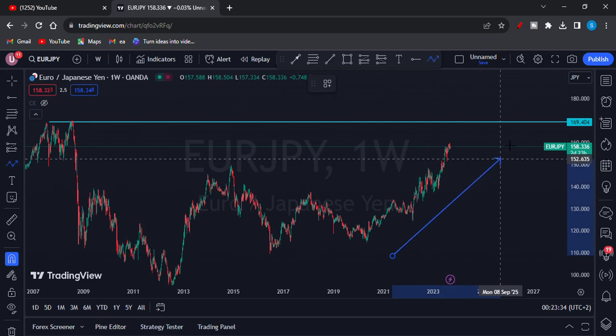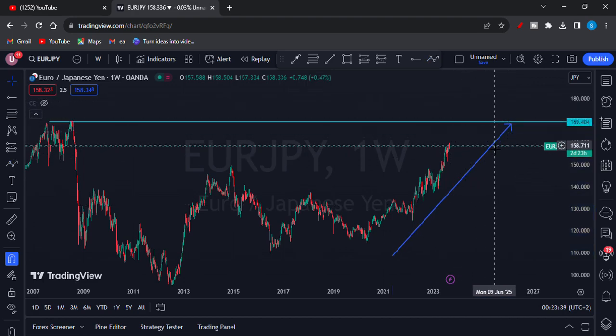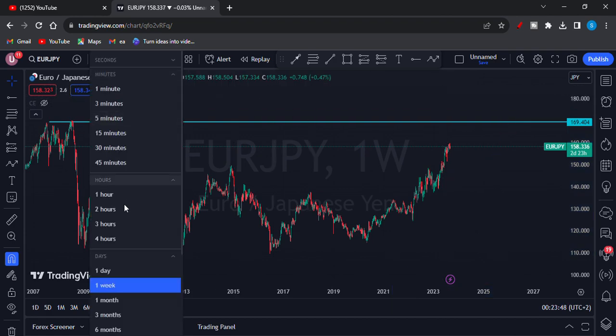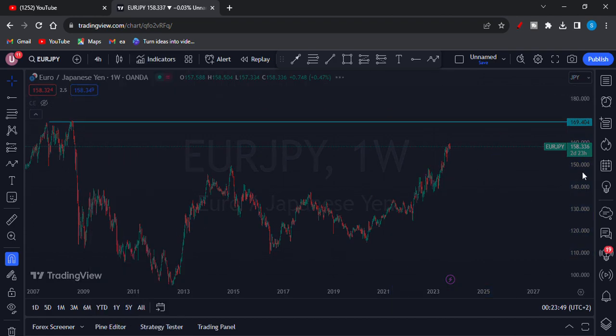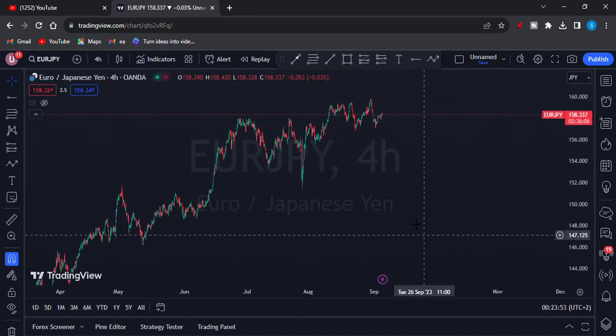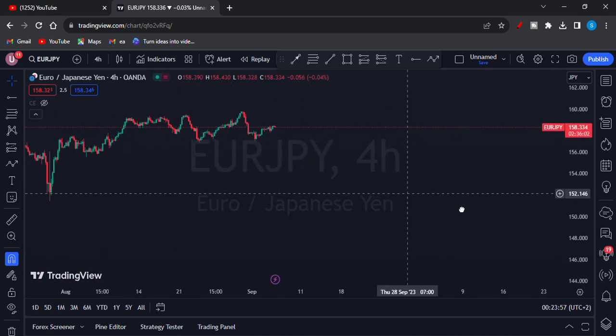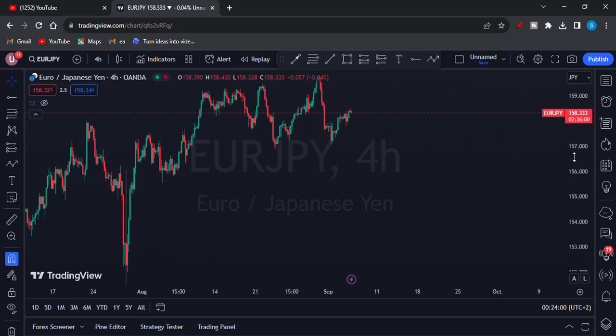On a weekly, we are on an uptrend, and it seems like we're heading towards this price right there. Okay, let me delete this, and then let's go to our 4-hour. On a 4-hour, we'll try to find our zones. But if we don't see anything, we go to hourly.